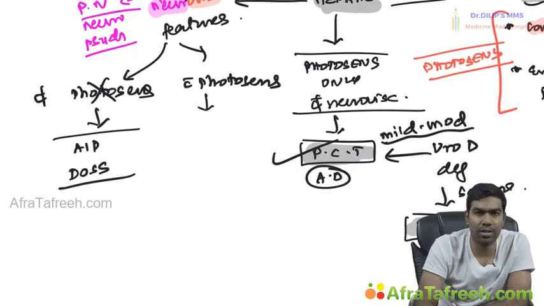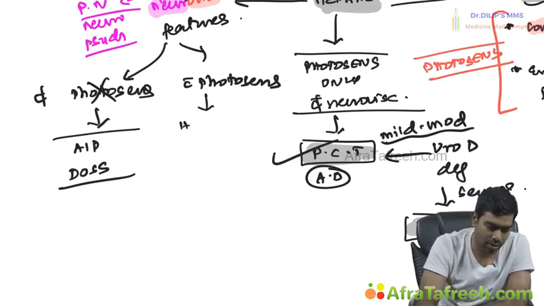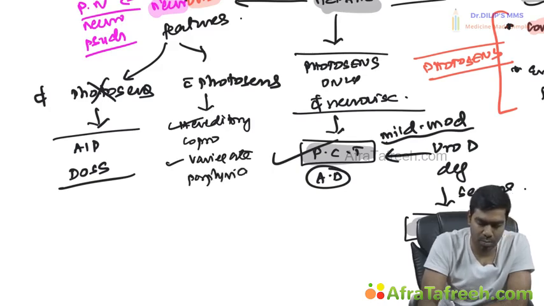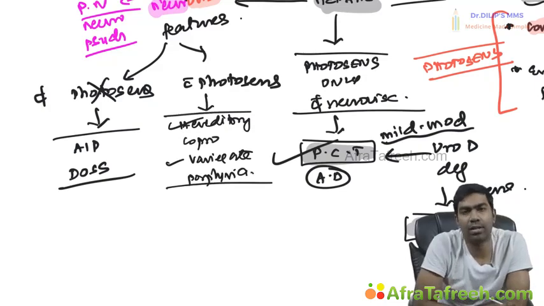If you ask me about neurovisceral complications with photosensitivity, then there are two porphyrias: hereditary coproporphyria, and the second is variegate porphyria. These two present with neurovisceral complications but also have photosensitivity.